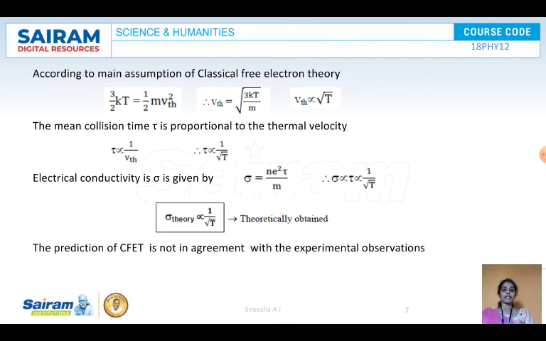From here you can say that sigma and tau are directly proportional, but tau is inversely proportional to root T. Therefore, sigma is proportional to tau, which is proportional to 1 by root T.